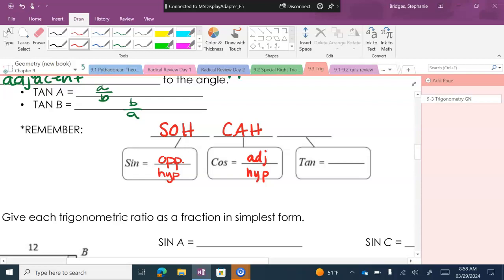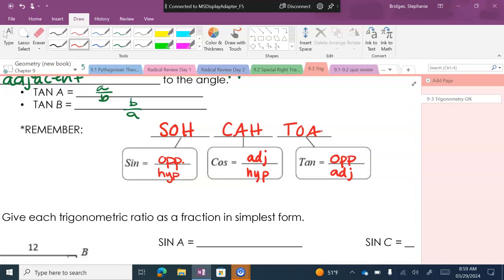All right, and then tangent. What's the ratio for tangent? Opposite over adjacent. First letter of each, what would that be? T-O-A. Okay, so that saying at the top is SOHCAHTOA.